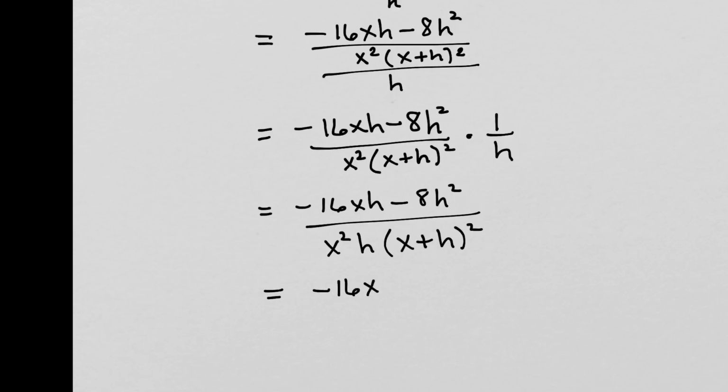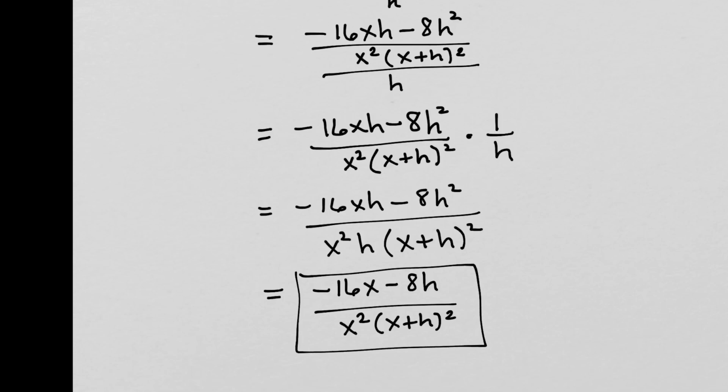And I have negative 16x minus 8h all over x squared times x plus h quantity squared. I really could have done that division in the last step, and I didn't need to do that. That's all right. So this is my final answer, and that's the end of that problem.